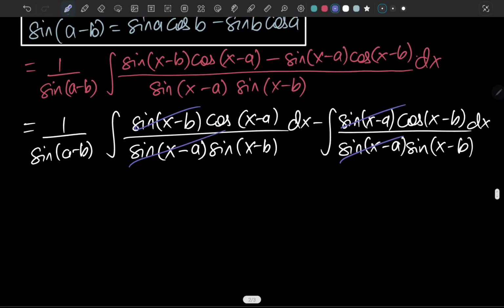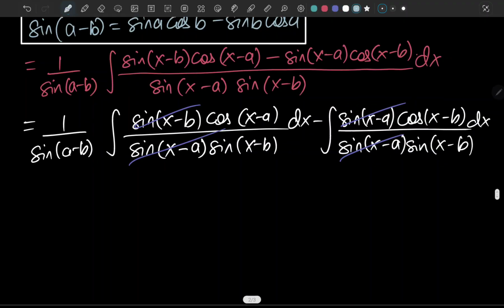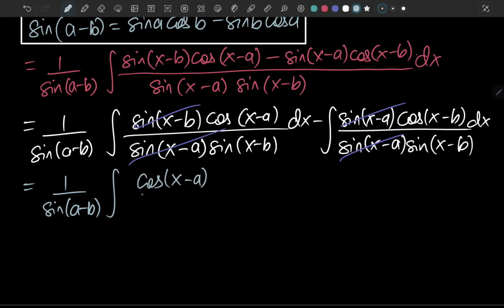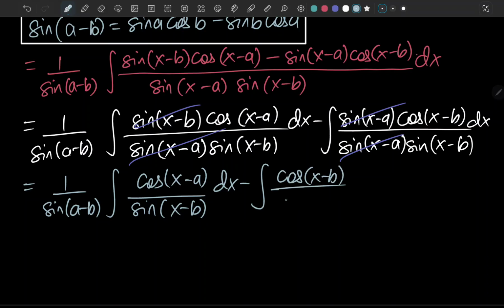So far so good. Now let's move further in our integral, which says 1 over sine of a minus b times the integral of cosine of x minus a upon sine of x minus a, dx, minus the integral of cosine of x minus b over sine of x minus b.